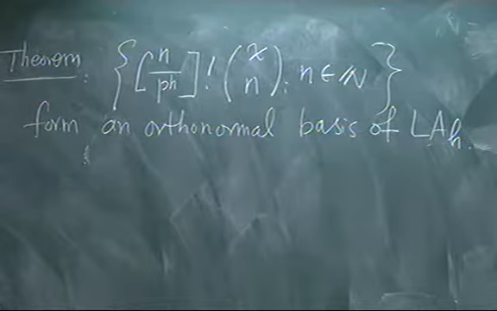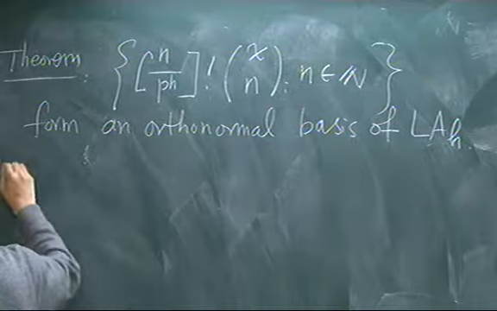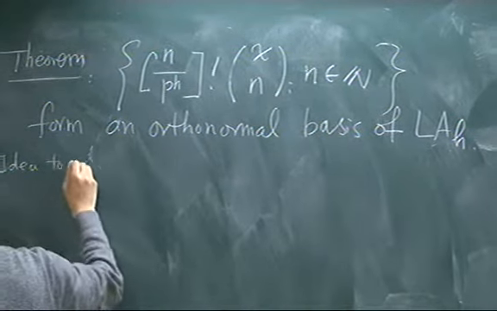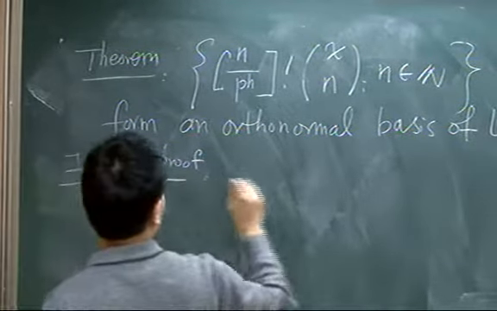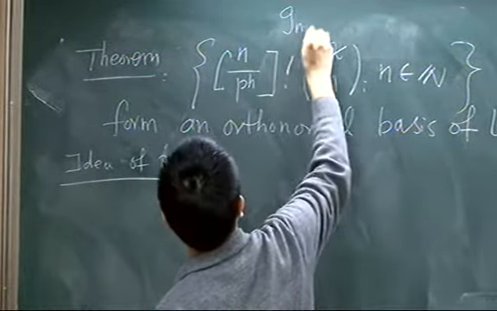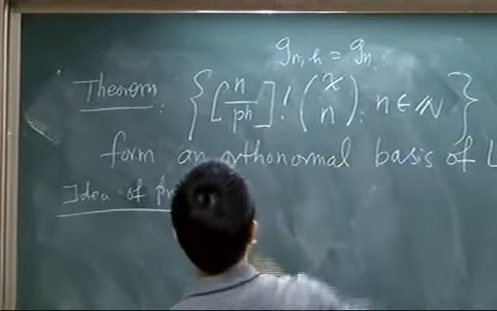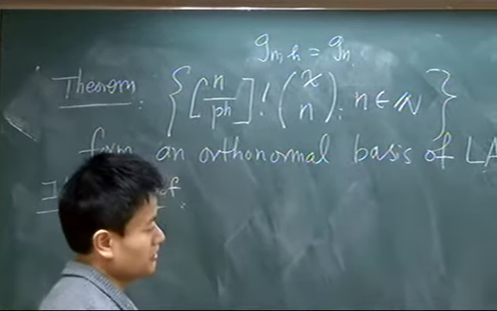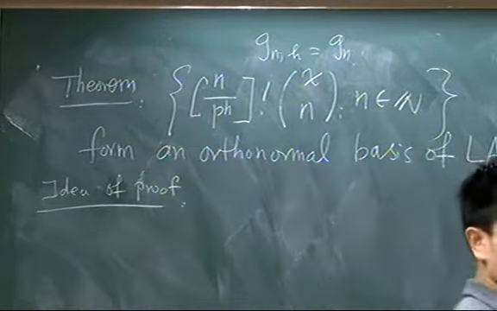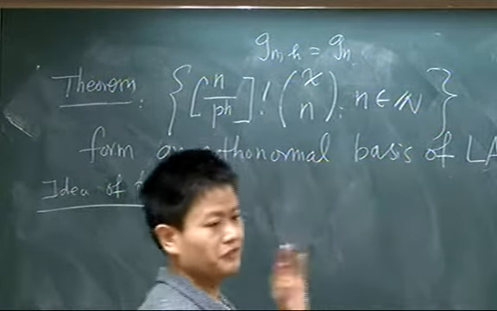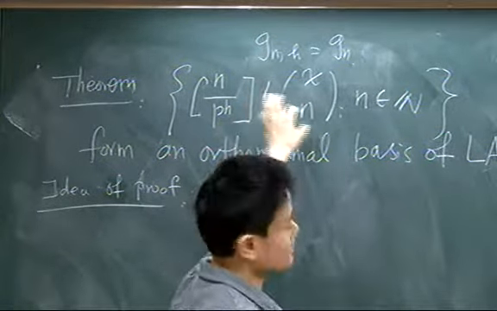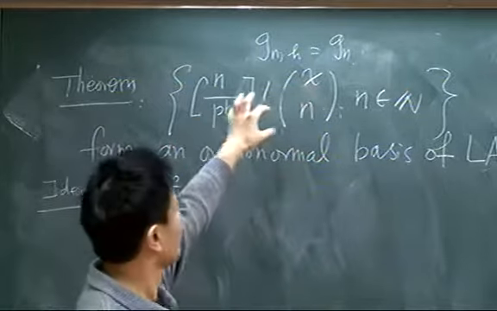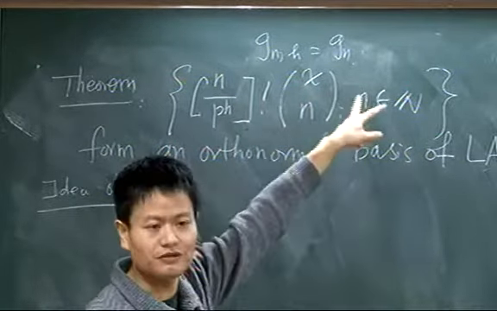The idea of the proof is this. Say this is G_n, or G_{n,h}. If you want to prove it is an orthonormal basis, for a Banach space, you need the valuation of this to be 0.